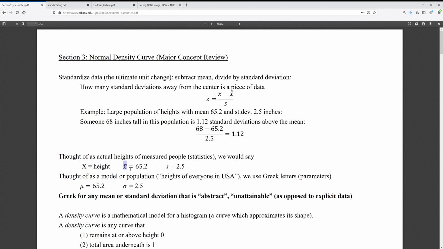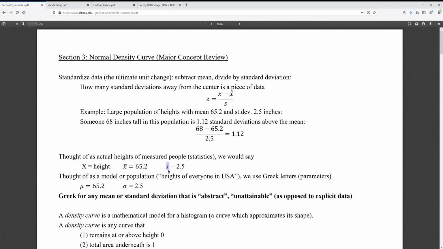So x bar for the mean, s, or if there's going to be any confusion or duplication on this score, s sub x, if you want to specify that it's this particular s. So when you're talking about explicit data in front of you, then we use the Roman alphabet, the x bar and the s, for the mean and the standard deviation.